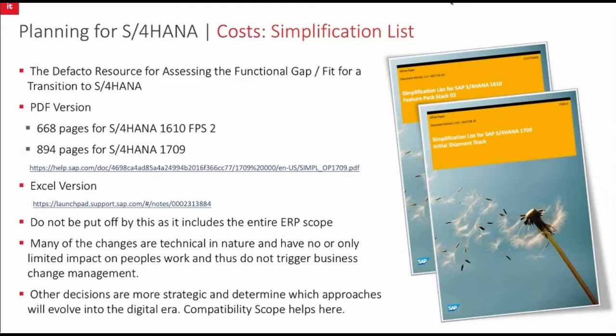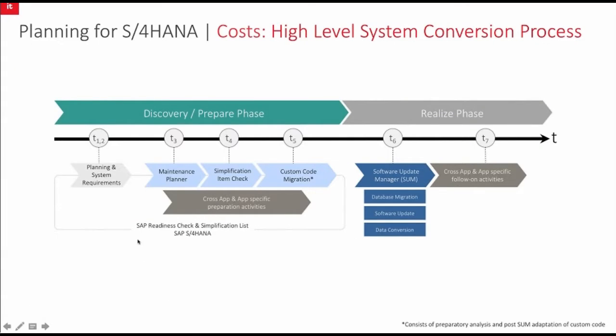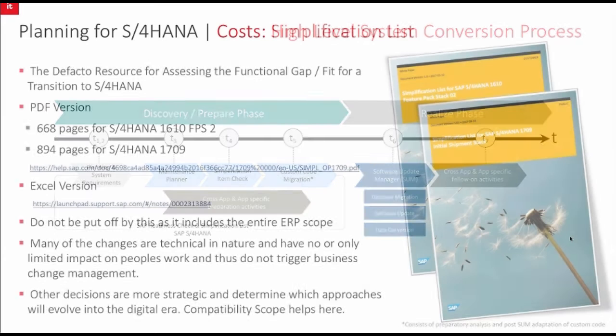And the latest version, 1709, 894 pages. There is also an Excel version that you can use to help you analyze. And of course, also, as I mentioned here on this slide, don't forget the new SAP readiness check and simplification list, which will help you to automate many of these activities.